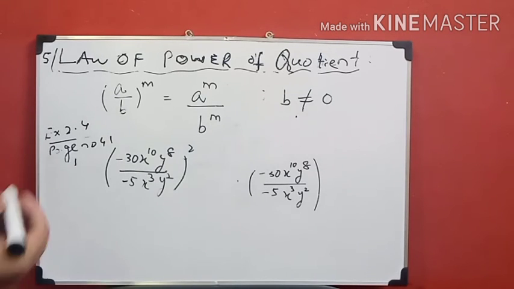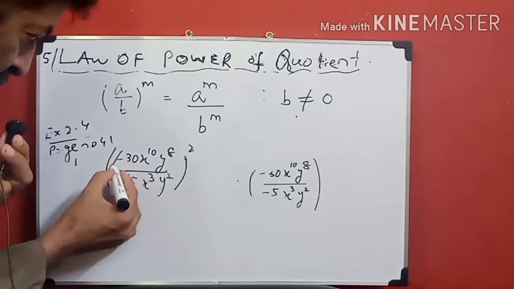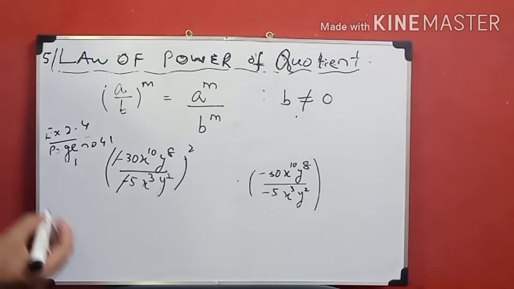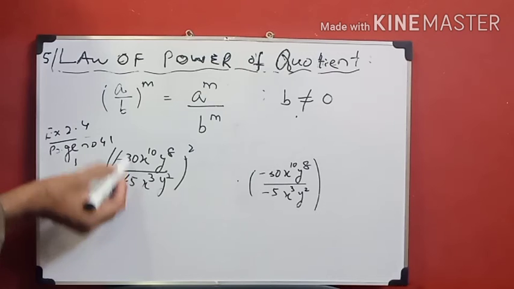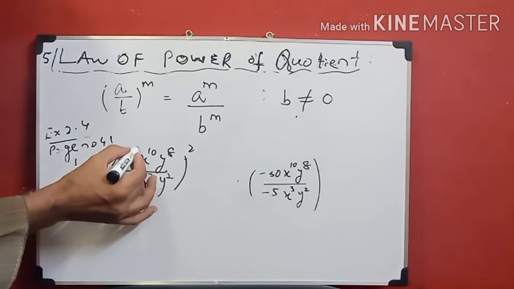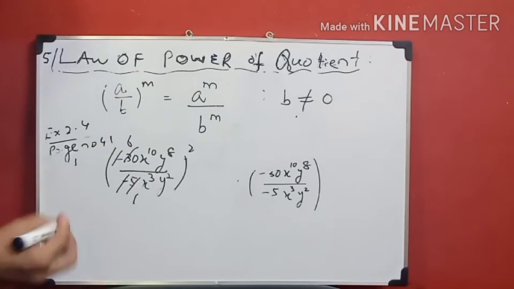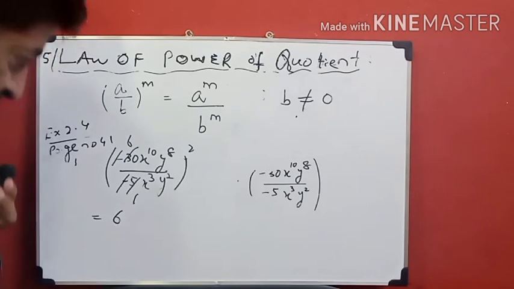So we cancel the negative sign from the denominator and numerator. And 30 and 5 are both multiples of 5 and come in the table of 5. Therefore 5 ones are 5 and 5 sixes are 30. That means the number comes as 6.